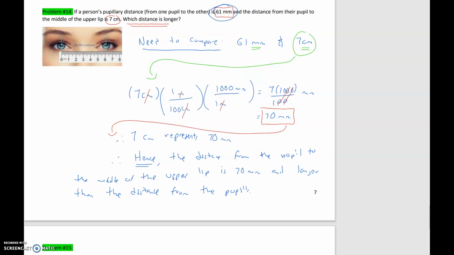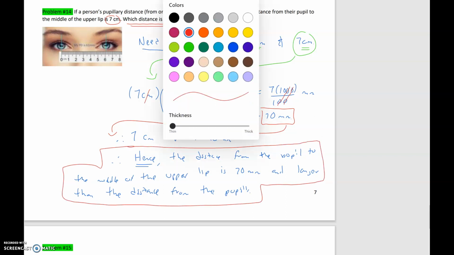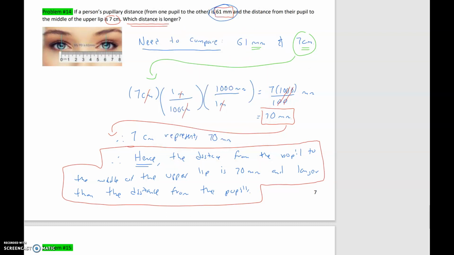Okay, that's actually it. Keep in mind that they're not just asking for the conversion, they're actually asking which one is longer. So in answering this one, we have to mention, and let me rewrite longer. They're asking for a specific measurement, in this case longer than the distance from the pupils, which ended up being just 61 millimeters.